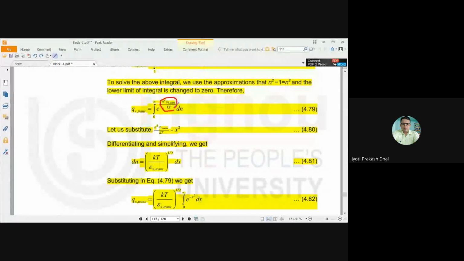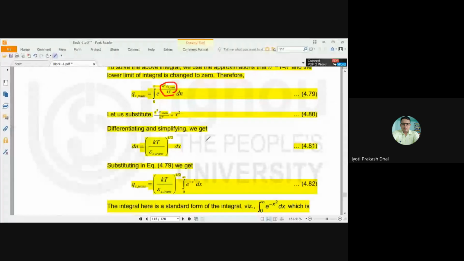After differentiating and simplifying, we can write dn equals to kT divided by epsilon x translational, whole to the power 1 by 2, dx, where x stands in place of this value.